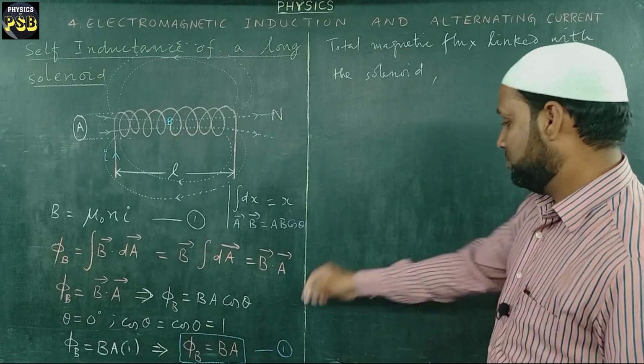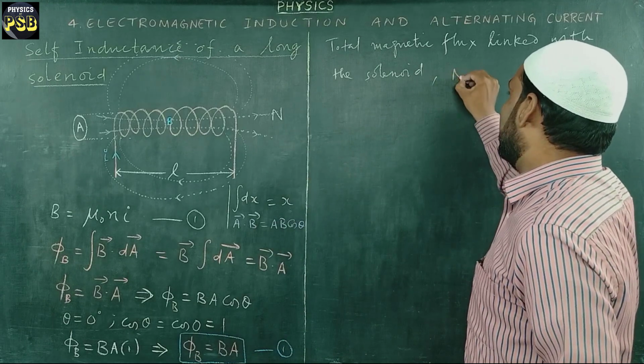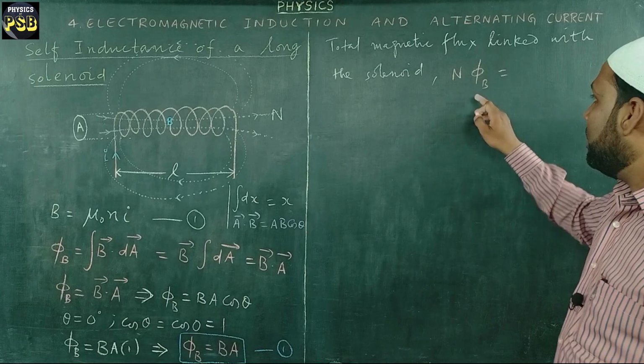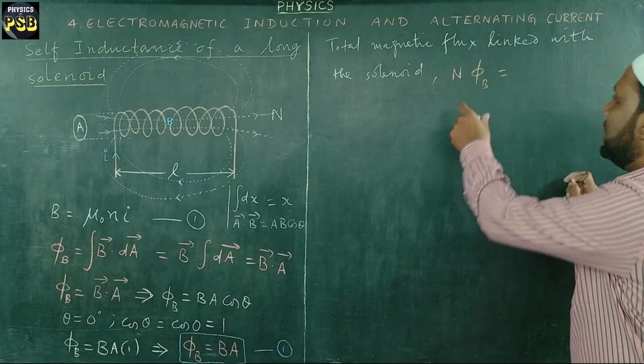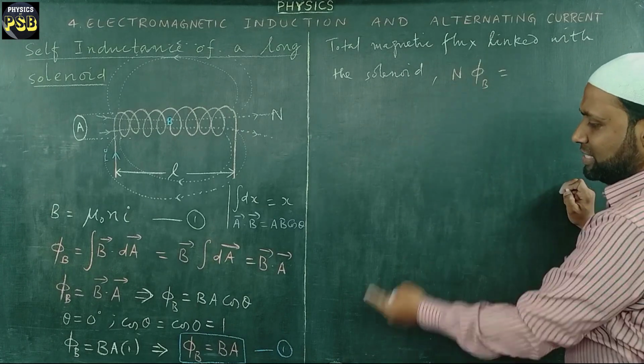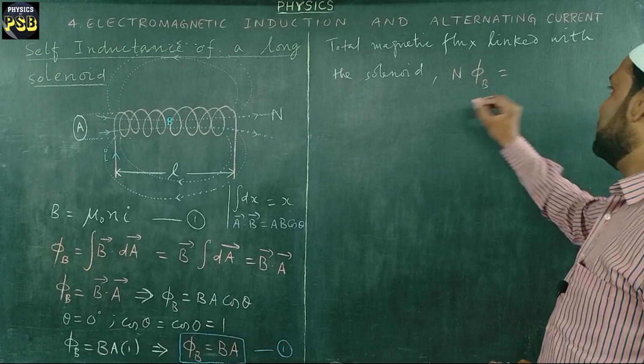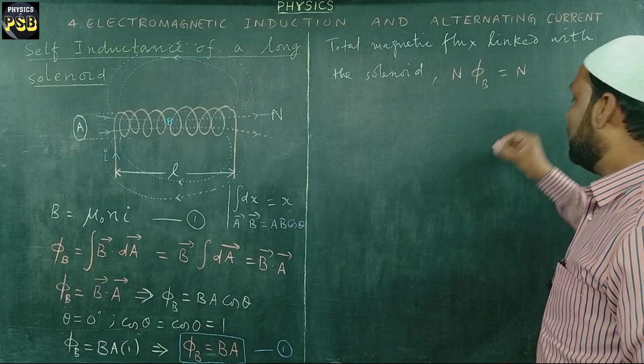So equation 2 is multiplied with n, and n phi B gives me the total magnetic flux linked with it. When I multiply the left hand side with n, the same thing I have to do with the right hand side as well. So this side also I multiply with n.